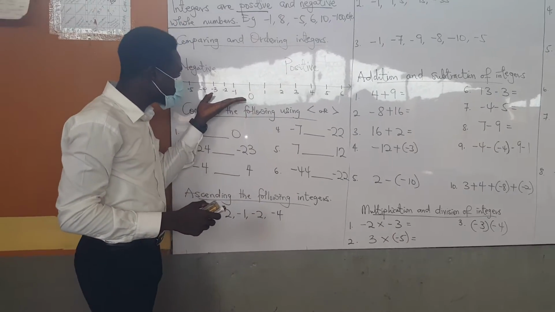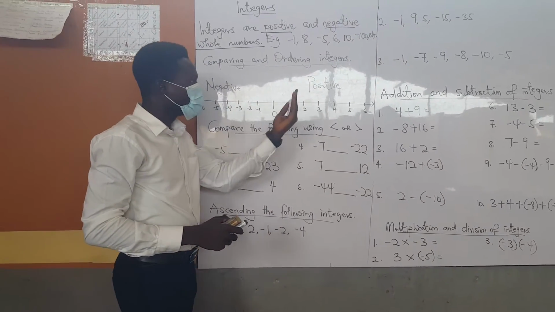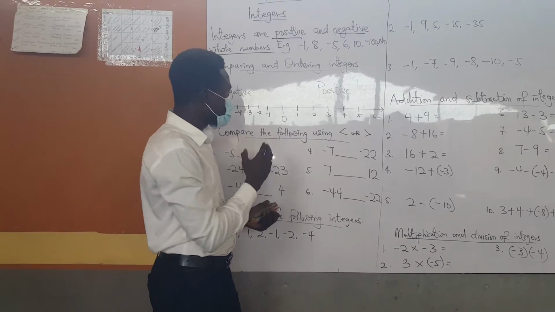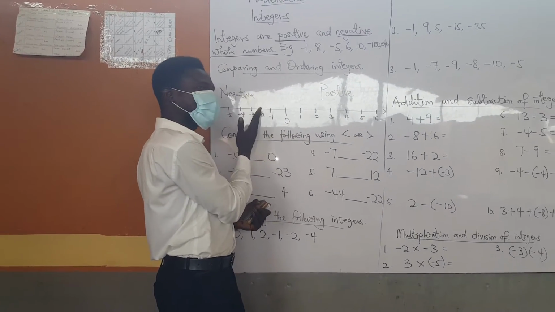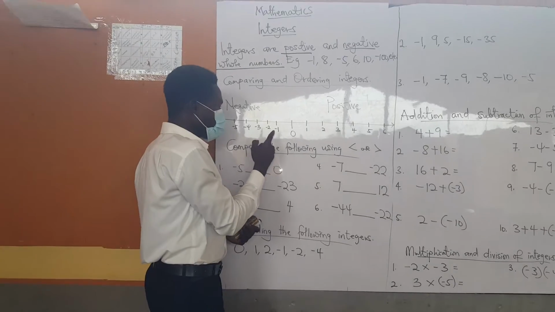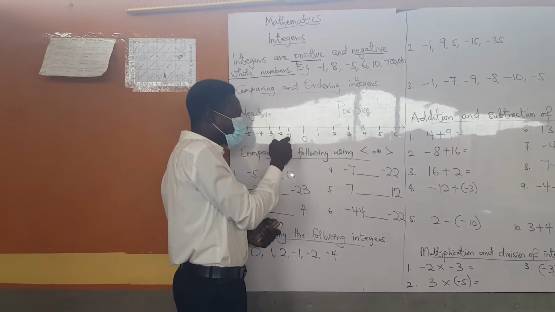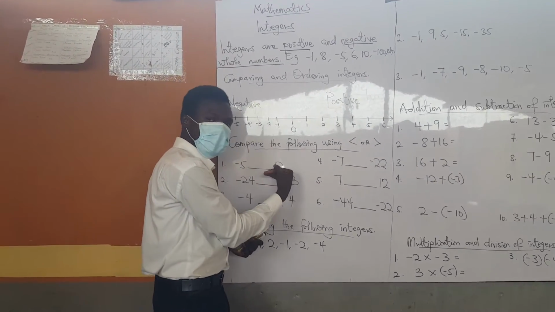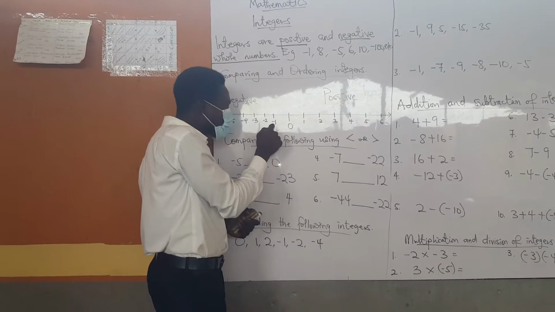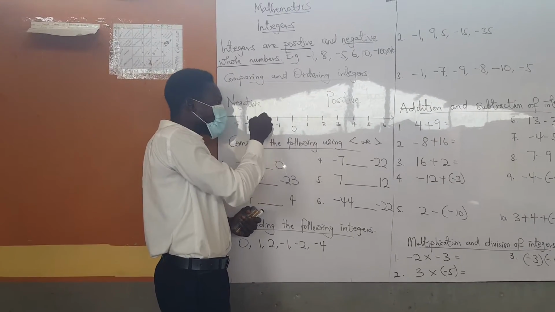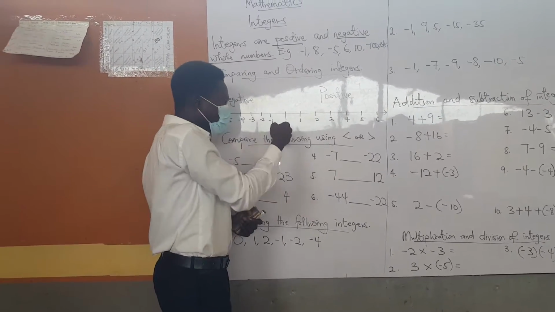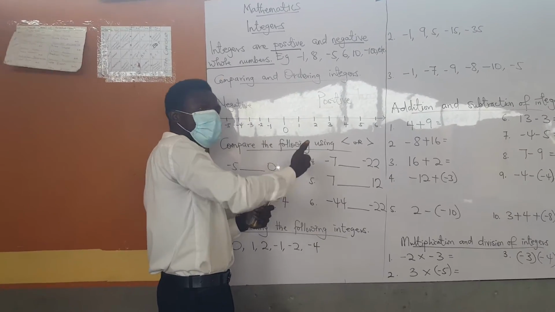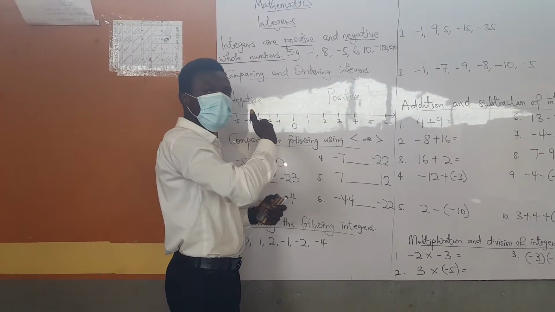When you look at the negative side of the number line, if you move this way, you are decreasing. So if I move from -1 to -2, I have decreased. So it means -1 is greater than -2. Even 0 is greater than -1.